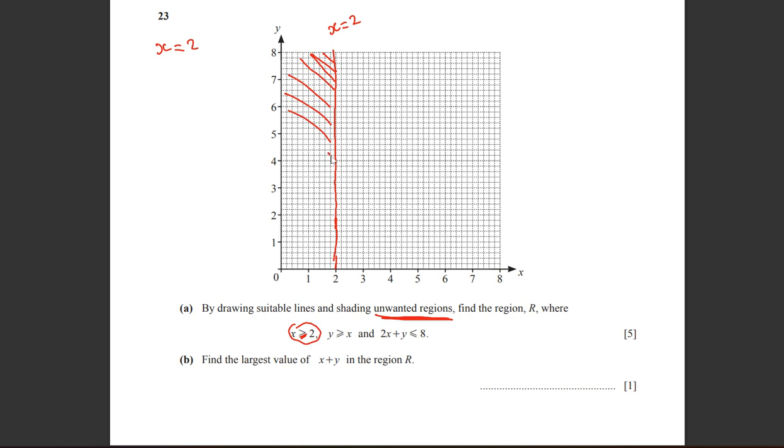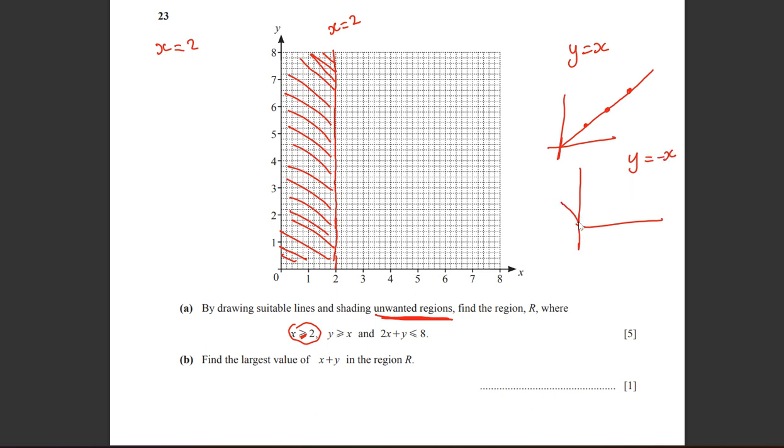Then y greater than or equal to x. Y equals x is a line which passes through 1 and 1, 2 and 2, 3 and 3. And by the way, if y equals negative x, it will be the line passing through negative 1 and 1, negative 2 and 2, and so on.